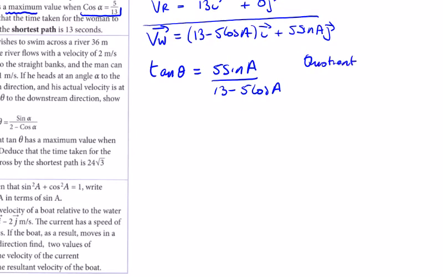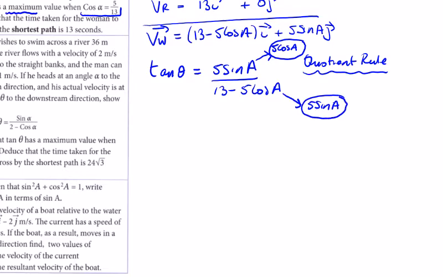If you're doing this early in fifth year, you may not have covered this in calculus, but if we differentiate sine alpha, we get cos alpha, so 5 sine alpha goes to 5 cos alpha. If you've looked at my differentiation videos, I always say write down the differentiated parts first. 13 minus 5 cos alpha goes to 5 sine alpha, minus minus.